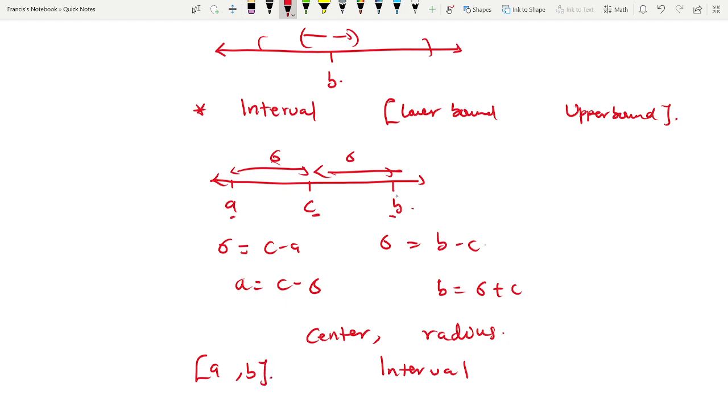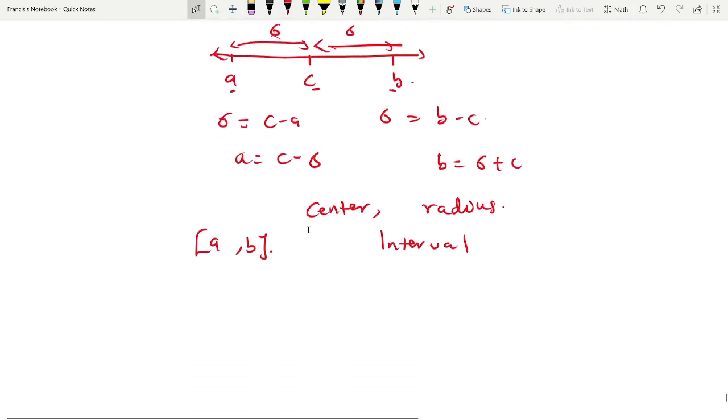So therefore, I can say that my delta neighborhood of A, that is, I want to create an interval with a radius of delta around A, is generally giving us, now I know that A is giving us C minus delta, right?